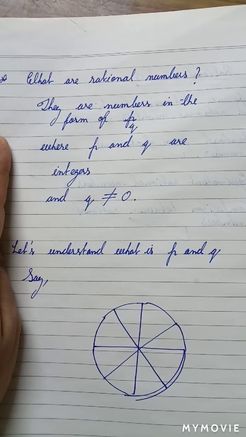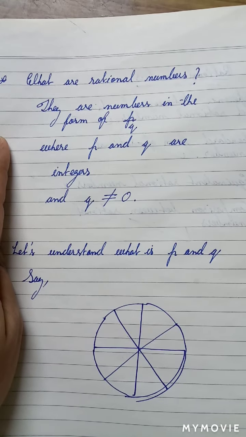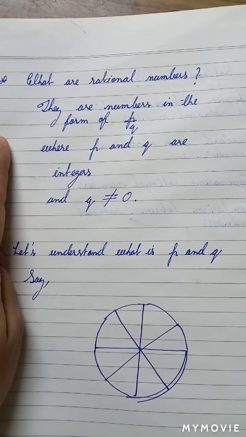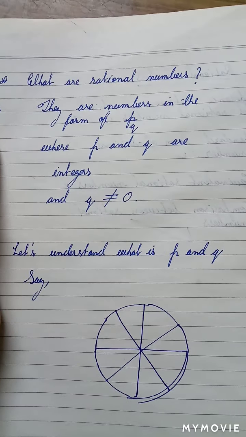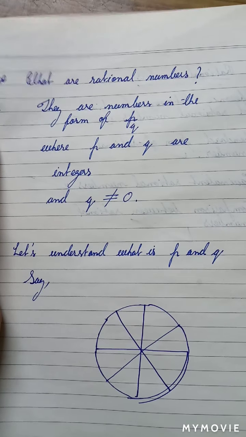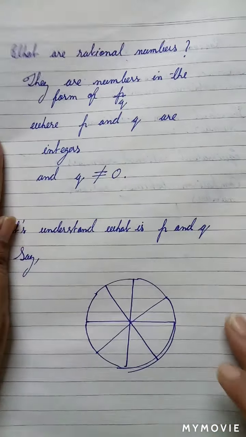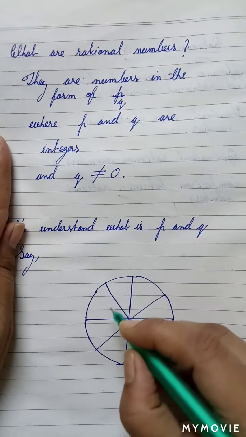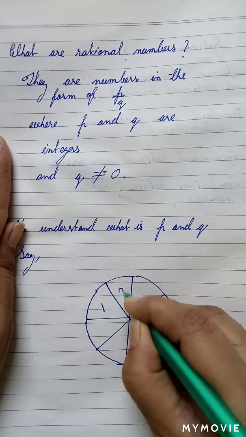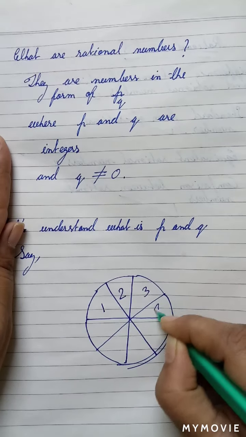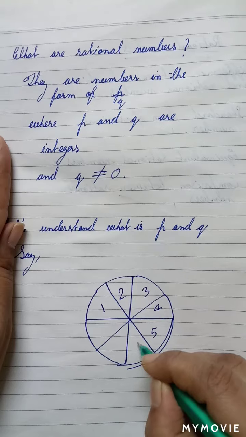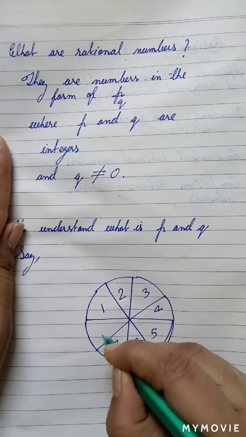Rational numbers are integers. They are in the form of p by q, where q is not equal to 0. Let us understand what is p and q. Let's say I have a pizza and I divided the pizza into 8 equal parts. We have 8 equal parts of this pizza.